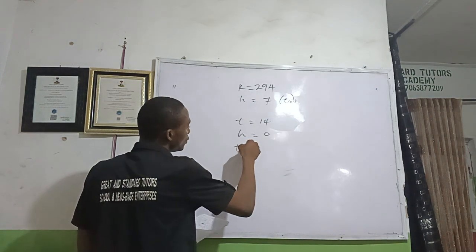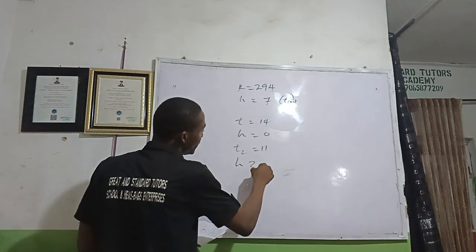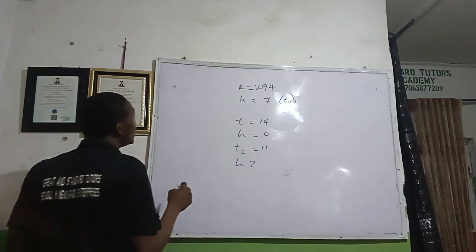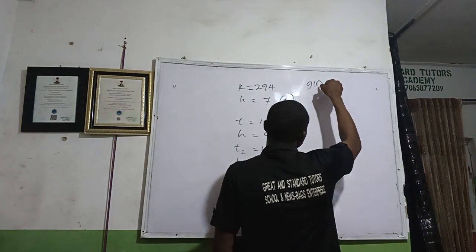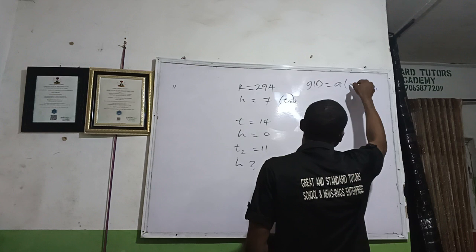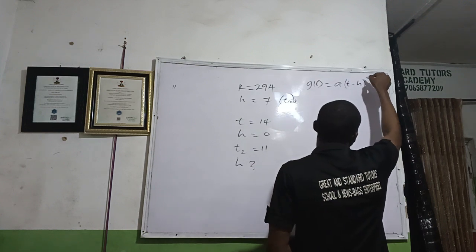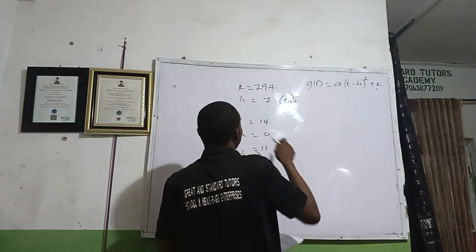Now t is 11, so they are asking us what this will be. Okay, so let's quickly model it. We have said that it's going to be a quadratic function. That is g of t will be equal to a into (t minus h) all squared plus k, where our k here is 294.